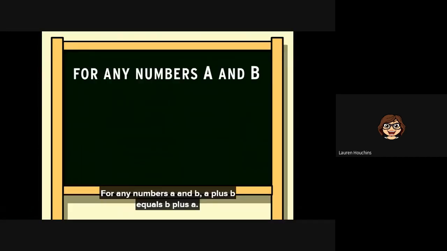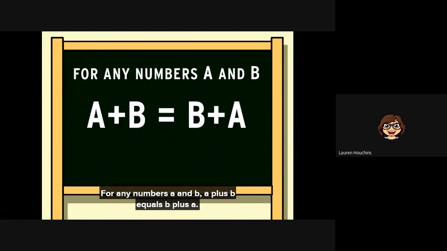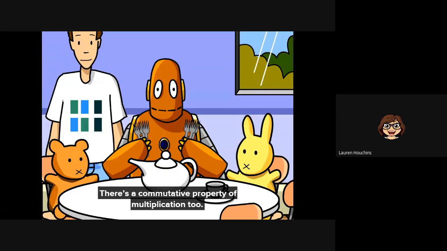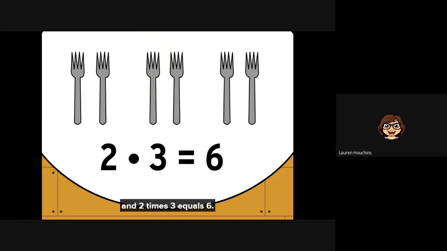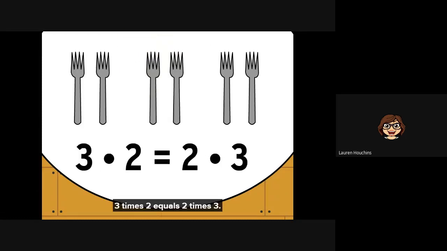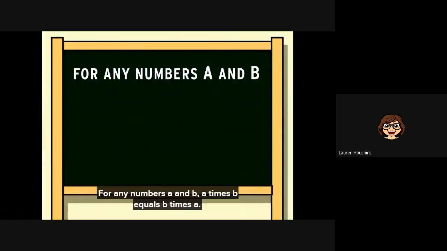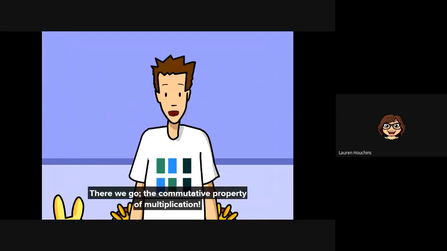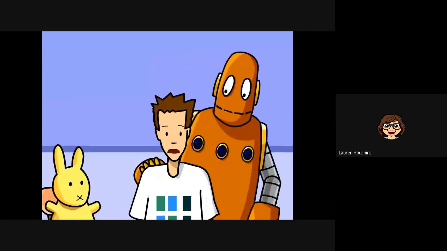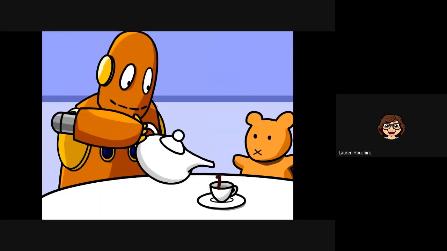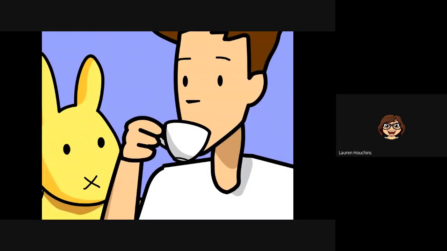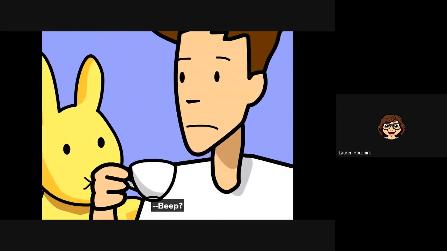For any numbers a and b, a plus b equals b plus a. There's a commutative property of multiplication, too. 3 times 2 equals 6. And 2 times 3 equals 6. 3 times 2 equals 2 times 3. For any numbers a and b, a times b equals b times a. There we go, the commutative property of multiplication. Hey, I'm stuck in this chair. Hey, can I have some more tea? May I please have some more tea?